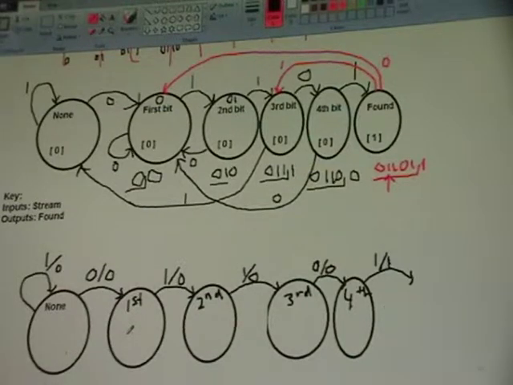First, if you found the first bit, 1, so you need an arrow for 0. Same thing as the Moore machine. If you found a 0, that 0 could be the first bit of the sequence.